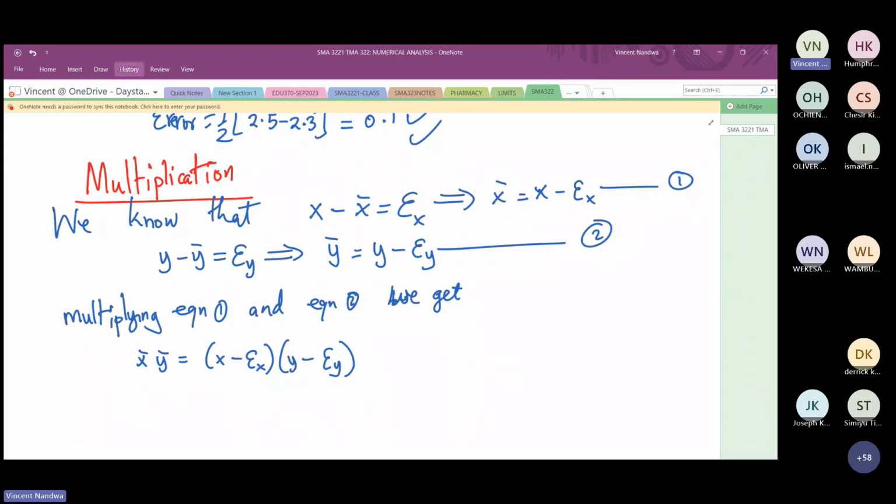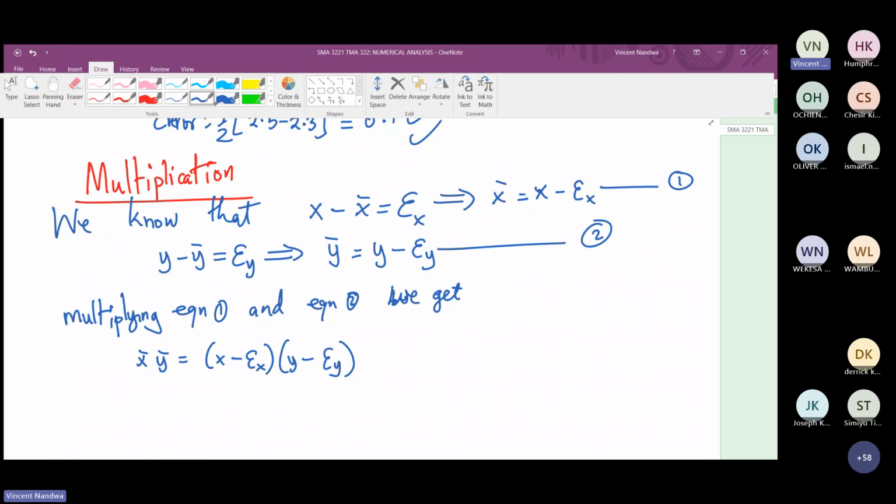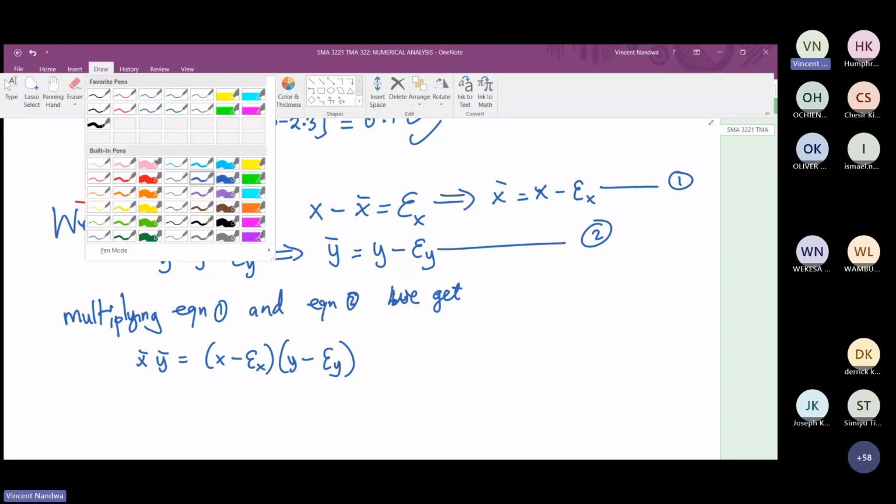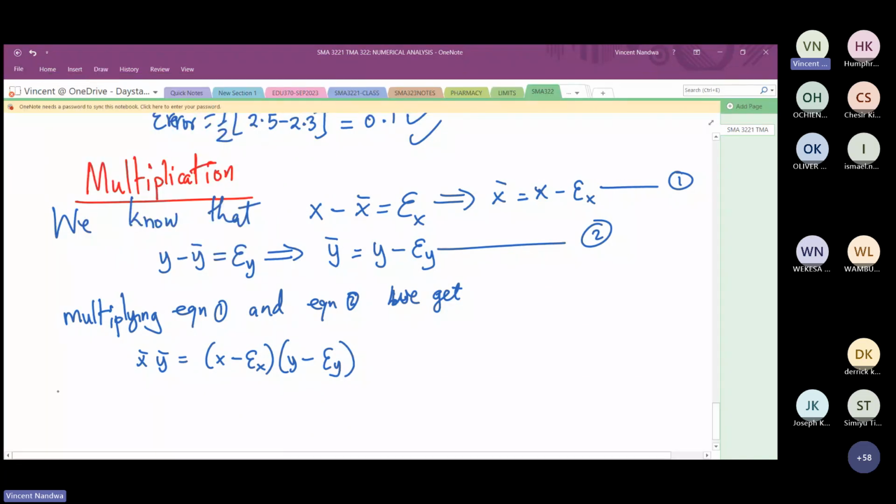So now, multiplying equation 1 and equation 2 produces this equation. And let's do the usual opening of brackets and simplifying terms. So we are going to have x̄ times ȳ is equal to x times y is xy, minus x times error in y, minus y times error in x, then plus error in x times error in y.